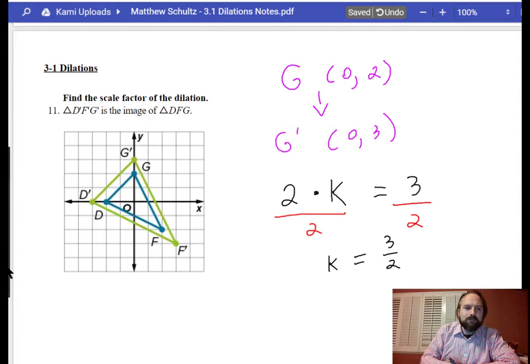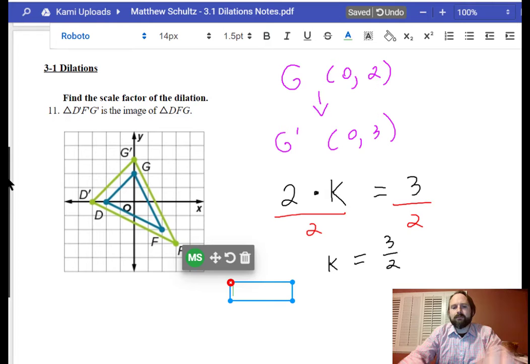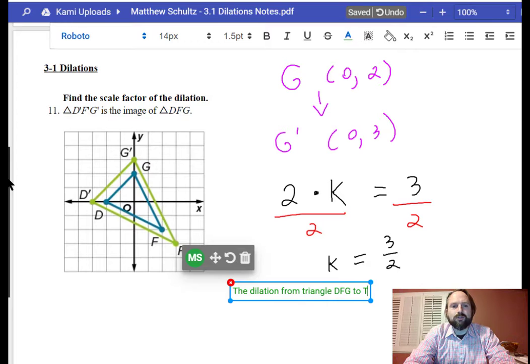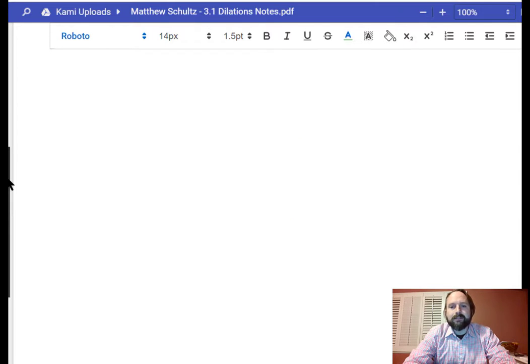So we can explain this and say, hey, well, let's move that out of the way so it doesn't get in the way. The dilation from triangle DFG to triangle D prime F prime G prime has, oh no, what happened here?